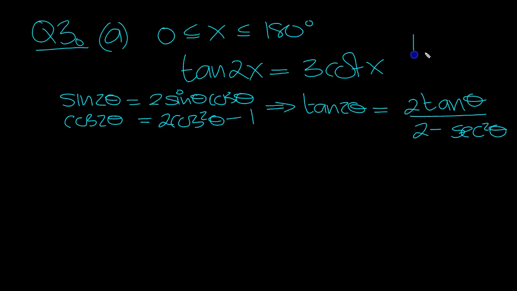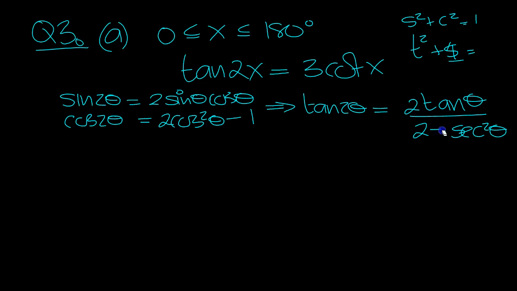Remember sine squared plus cos squared equals 1, so tan squared plus 1 is sec squared. So that'd be 1 minus tan squared in the end.